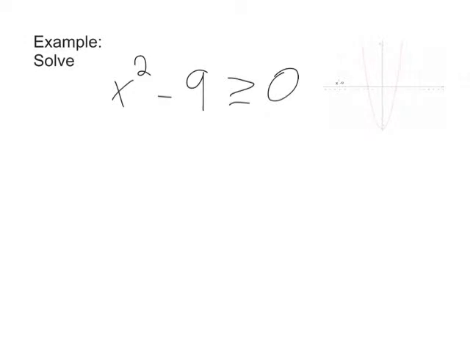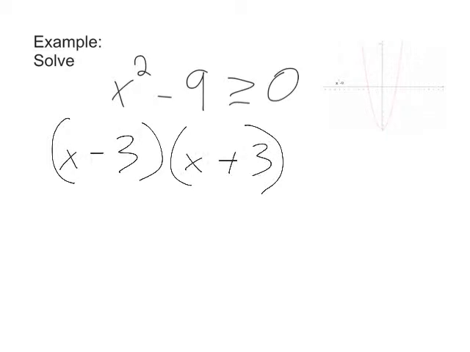Okay, so we're going to factor this little quadratic that we've got. If I factor the difference of two squares, then I'm going to have x minus 3 and x plus 3. We set those factors equal to 0. So let's see, we've got x minus 3 equals 0, so x is going to be 3.